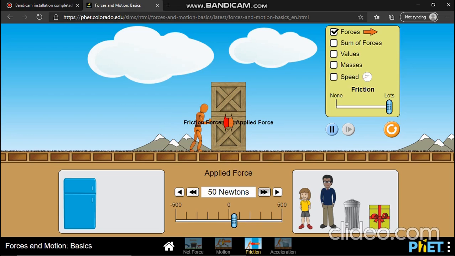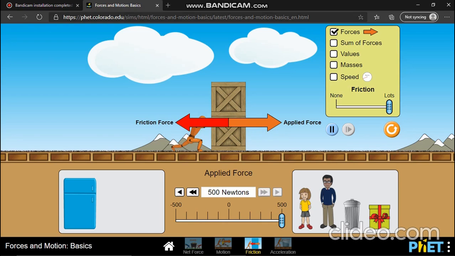So I put the force in step by step, and we can see the robot cannot push the box because the friction of the surface is a lot.